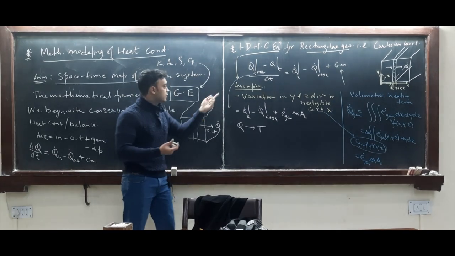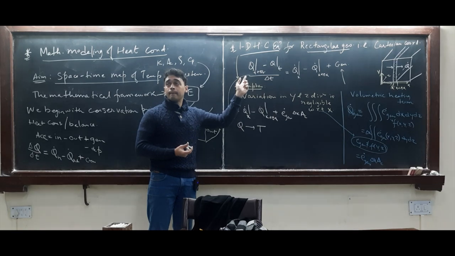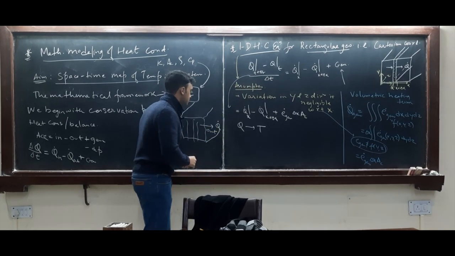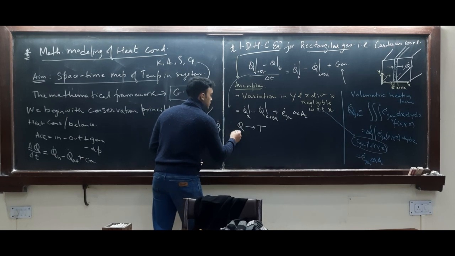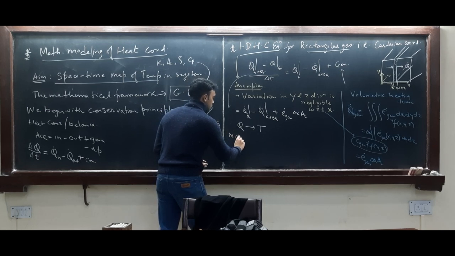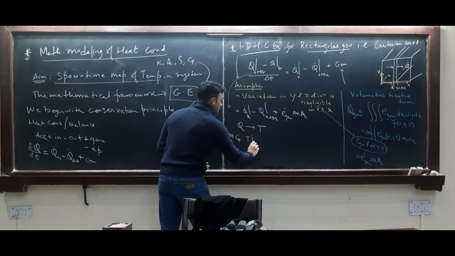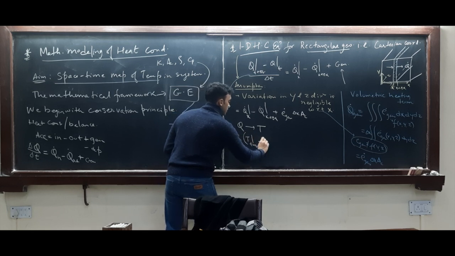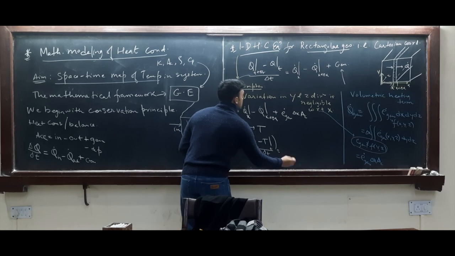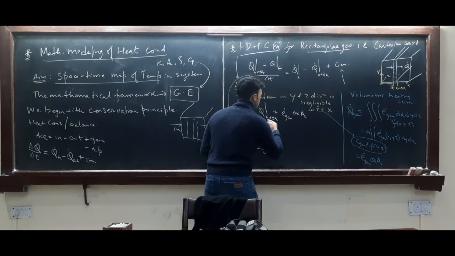Once we know that, we can write Q is equal to m Cp delta T. So I'll write the reference and represent both. You have m Cp, T at t plus delta t minus temperature at t, divided by delta t, is equal to, you can use Fourier's law here as well, but I'll come to that in a moment.